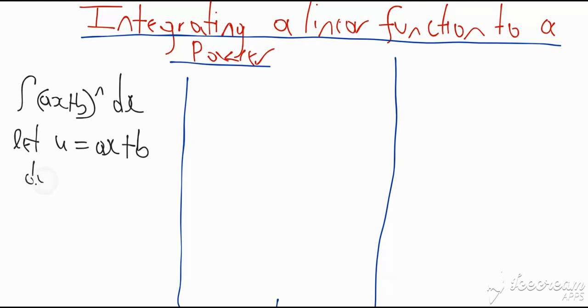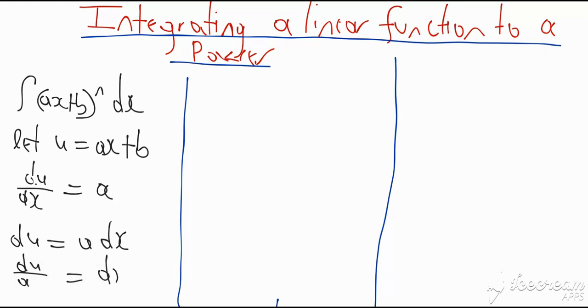So we can say du over dx would be equal to a. So we can transpose this for dx. So we can say that du is equal to a dx, which means that du over a is equal to dx.